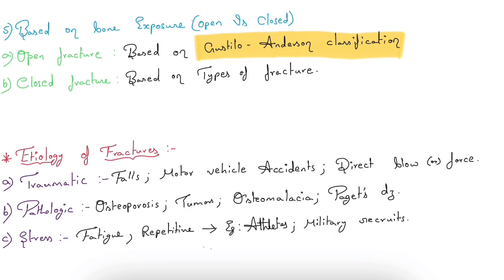This classification we will discuss when we are discussing open fractures. Next one, closed fracture. In closed fractures, we follow the types of fractures we already discussed, and based on the type of fracture we do the management.